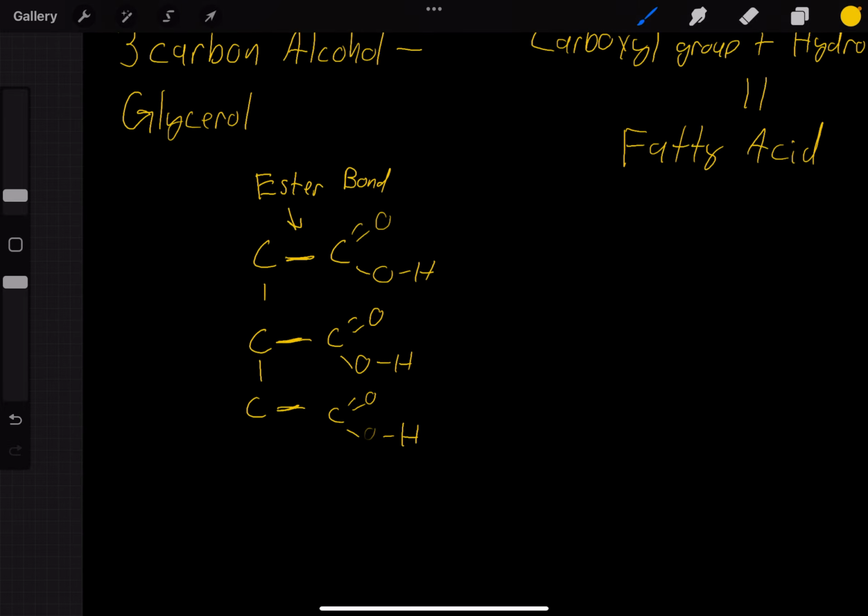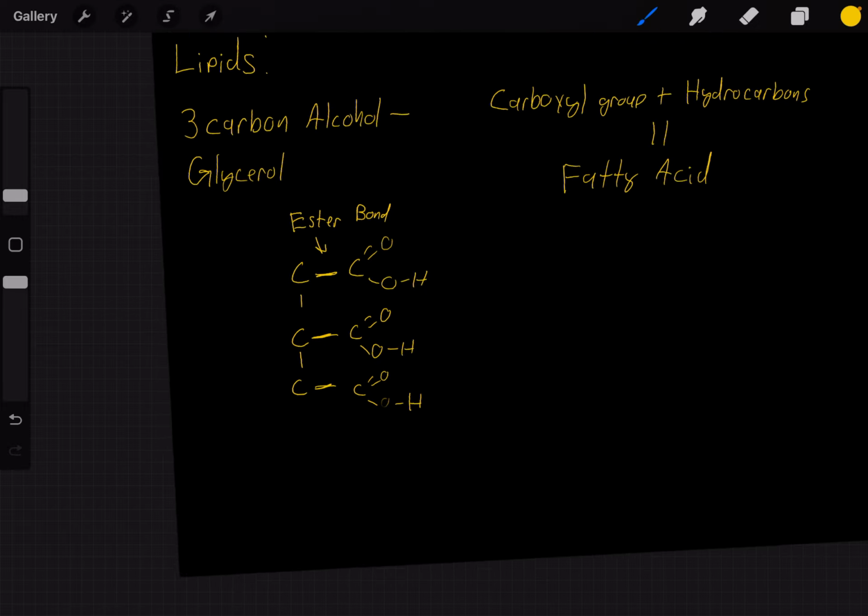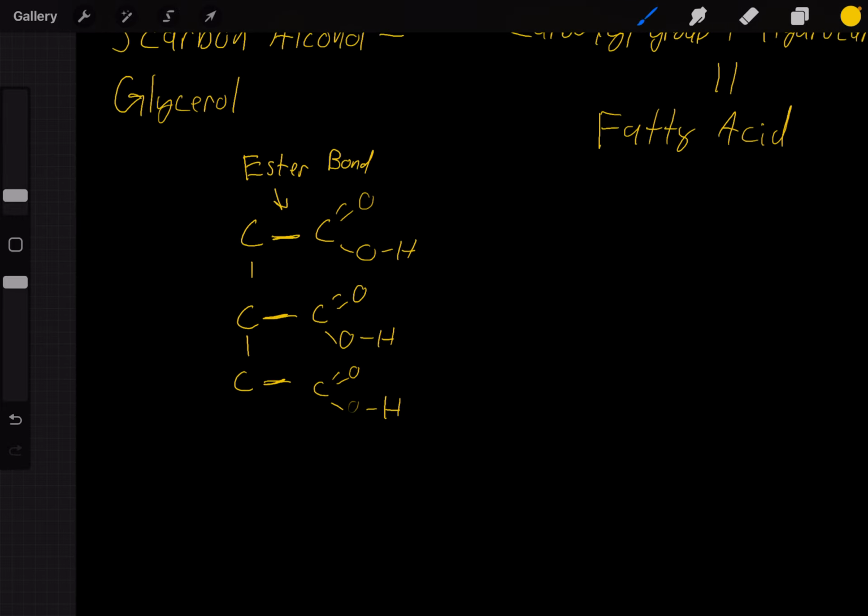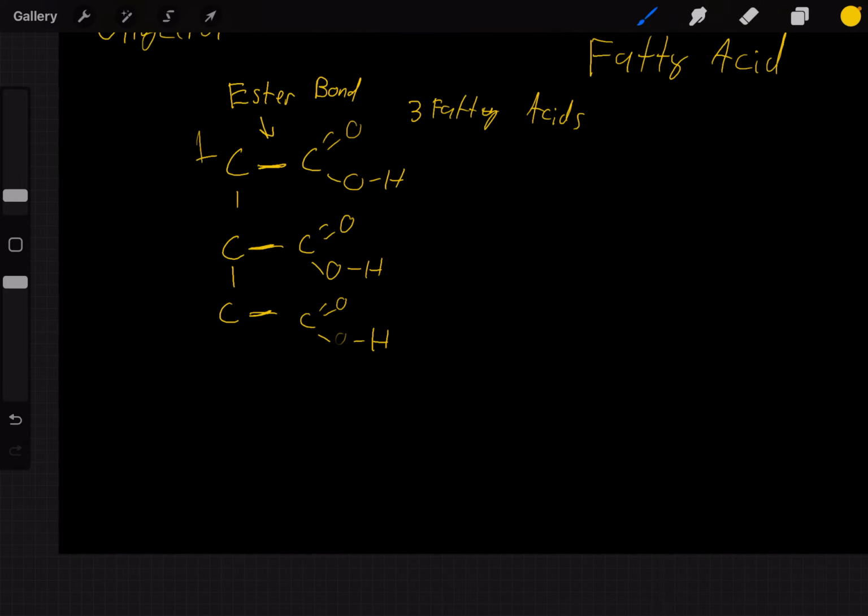When you have 3 fatty acids on one glycerol, so this would be one glycerol and 3 fatty acids, you basically form something called a triglyceride. So tri meaning 3, glyceride.